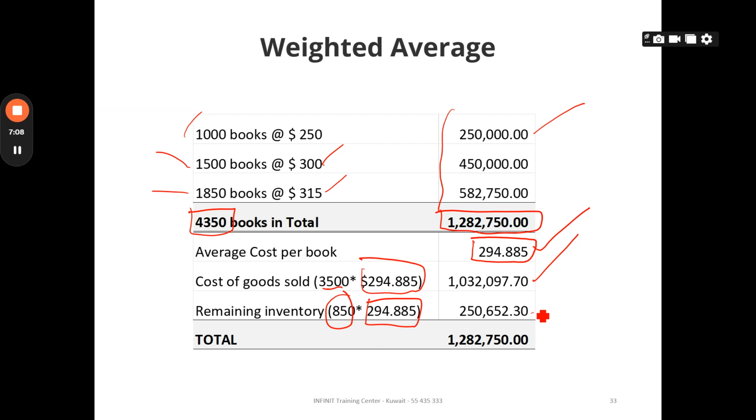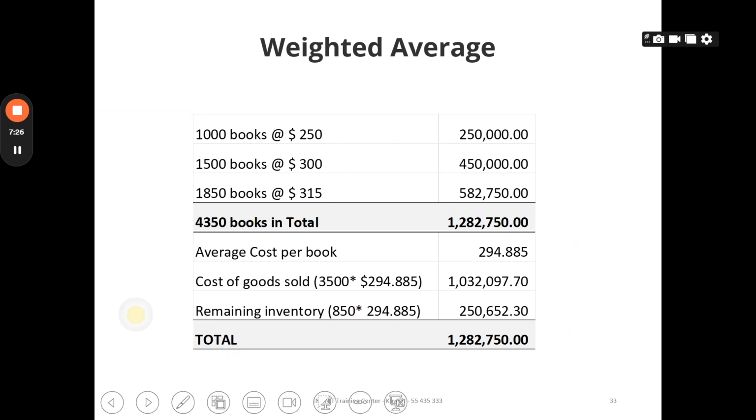You will get how much we have in the inventory. And if you add this together, you will get 1,282,750. Obviously, this has to match with your total purchase. Okay, so this is the way the cost of goods sold and inventory is calculated under weighted average.